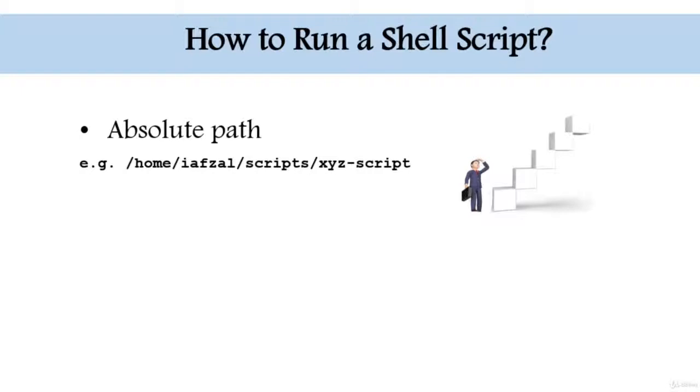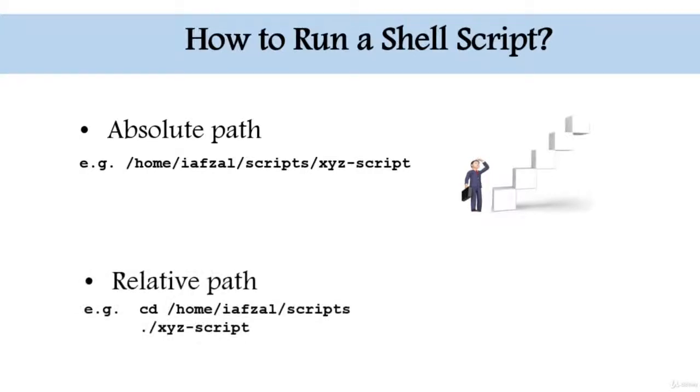You have to either shoot from the first stair all the way to the last stair on top and grab that thing, or there's another way, which is relative path. The relative path is that you actually walk up to the stair and then grab that thing that you wanted to grab. It's the same way absolute path and relative path work.